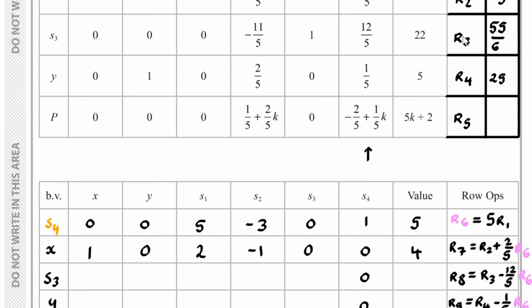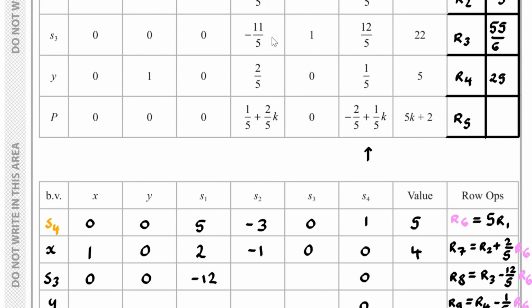Next, we have 0 subtract 12/5 of 0, which is 0. Then we have 0 subtract 12/5 of 0, which is 0. 0 subtract 12/5 of 5, which is minus 12.